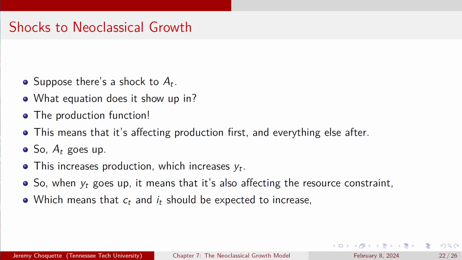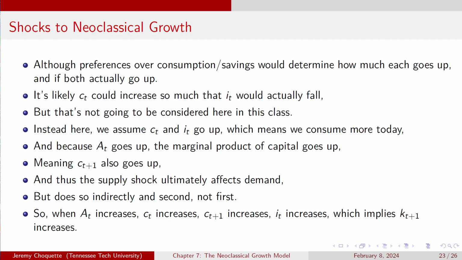So when output, Y, goes up, it's also affecting the resource constraint. So if output goes up, right, we can then expect to be able to consume and invest more, or some linear combination of those two would be going up. Now, of course, that's entirely dependent on the household's preferences established by rho, but consumption and investment would be expected to increase.